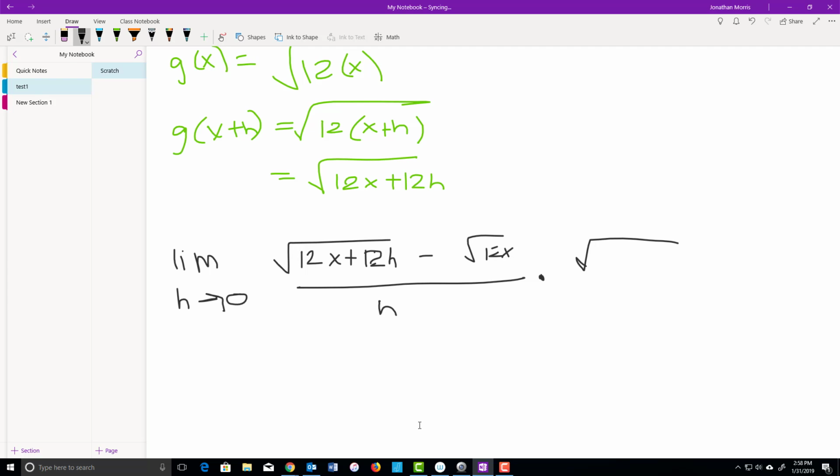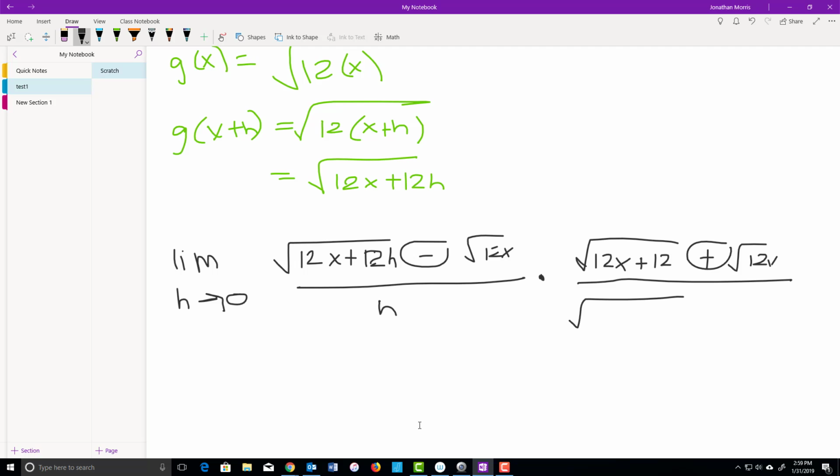What's ugly to me is the square root of 12x plus 12h minus the square root of 12x. The conjugate of that is the square root of 12x plus 12h plus the square root of 12x. What makes it a conjugate is that the sign in the middle changes. Whenever I multiply by the conjugate, this is what happens.